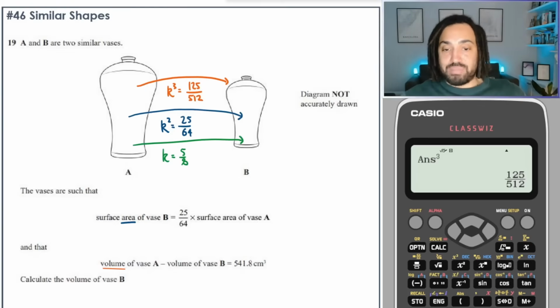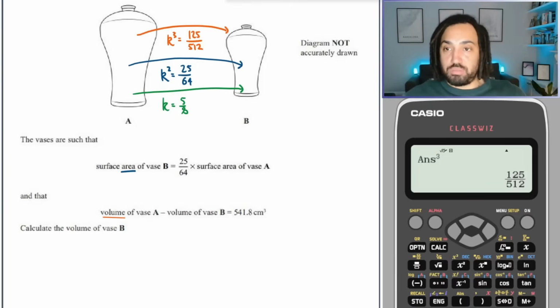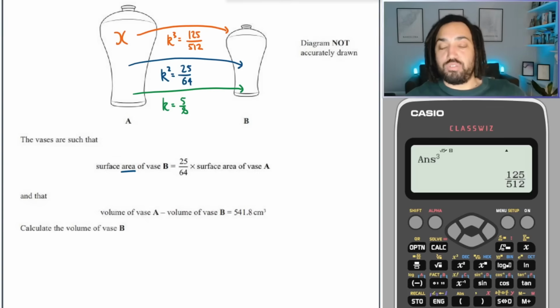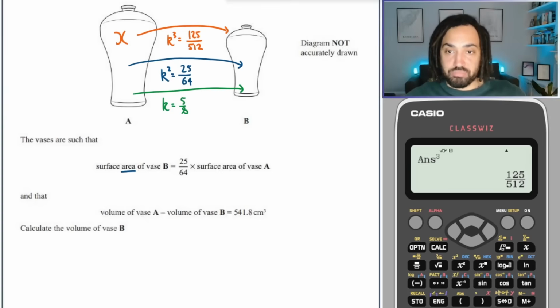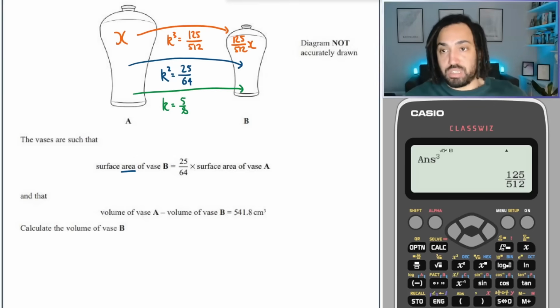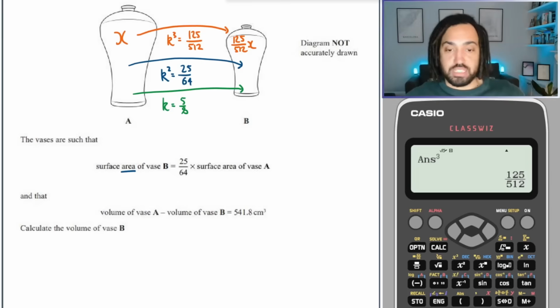Okay, so how are we going to use this? Well, let's call the volume of vase A x, and therefore the volume of vase B will be x multiplied by 125 over 512. Because in order to get the volume of B, we've got to multiply it by that scale factor. So now I can sub that into this equation down here.